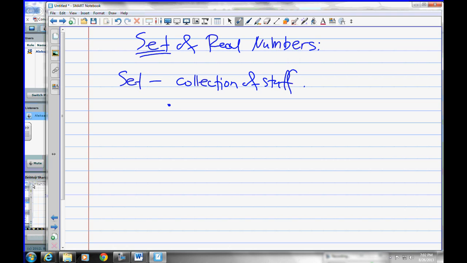Sets are unordered. I really don't care in which order I list things in the set. Like this classroom, I just sent that sign-in sheet. I really don't care in which order you put your name in. I didn't want you to alphabetize it, or break it by male, female, height. I don't care. You can order it any way you like. As long as it's all there, I'm good, right? It's still a set of students in this class.